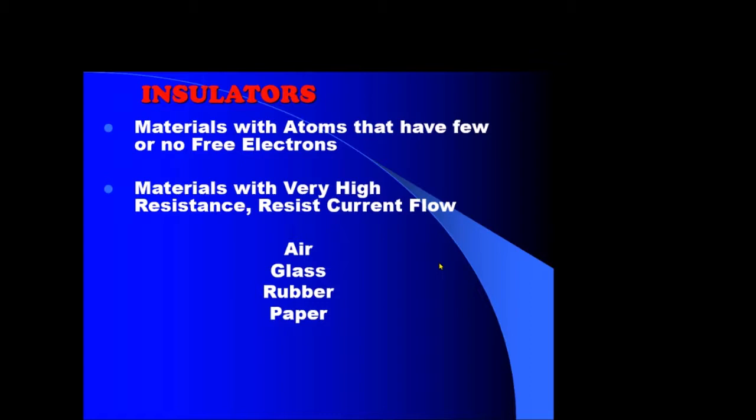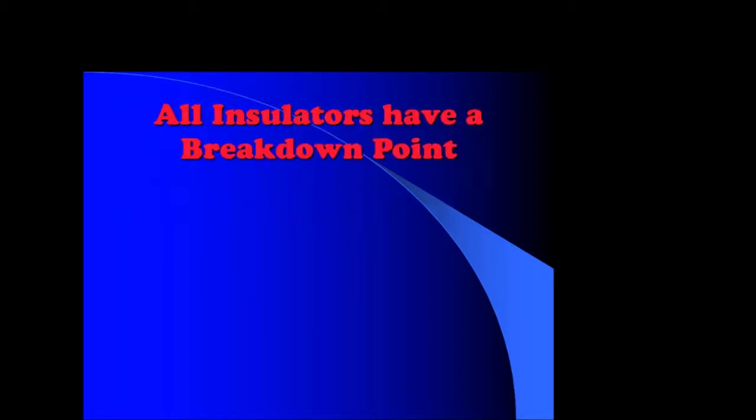A couple of examples of good insulators would be air, of course, glass, rubber, and paper. Most people would know that those are pretty good insulators and do not conduct current. Now, all insulators have some form of a breakdown point.